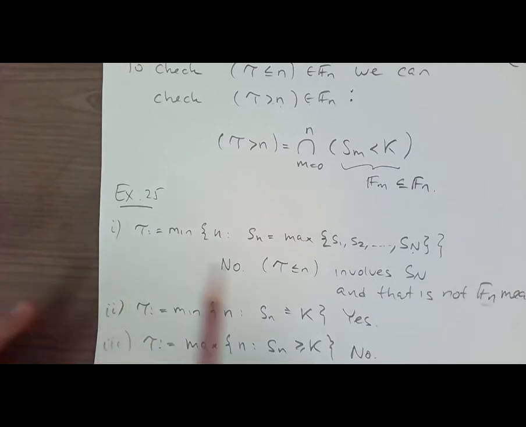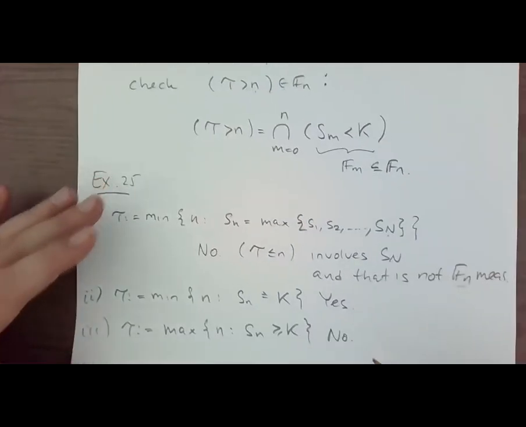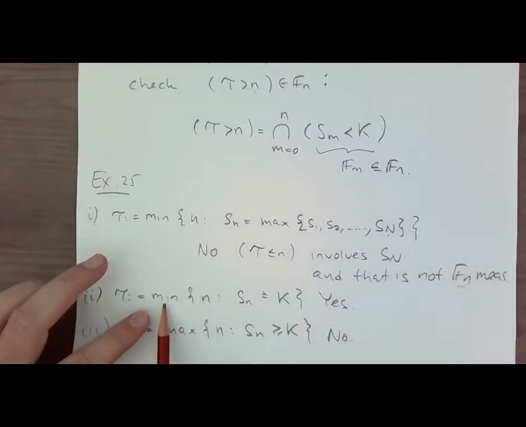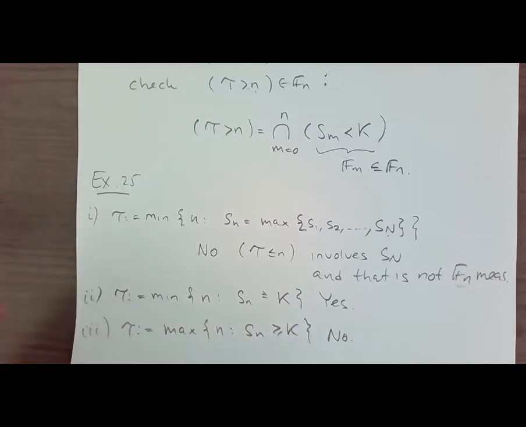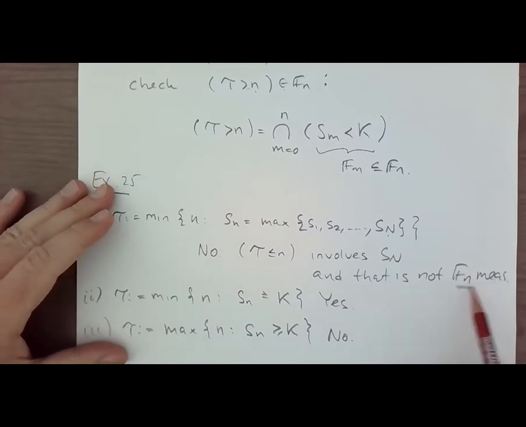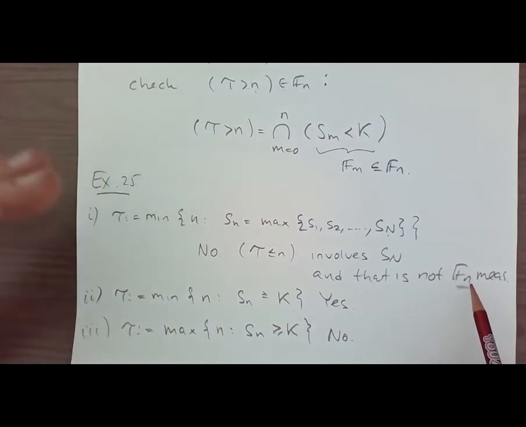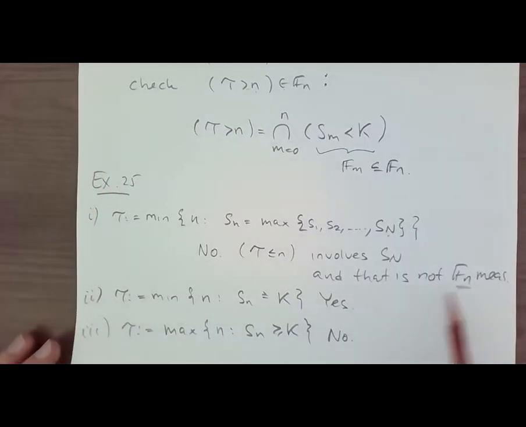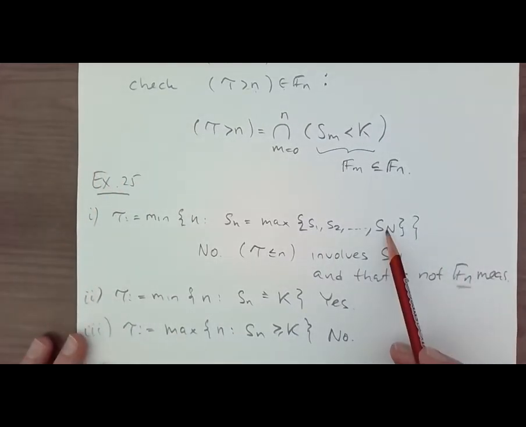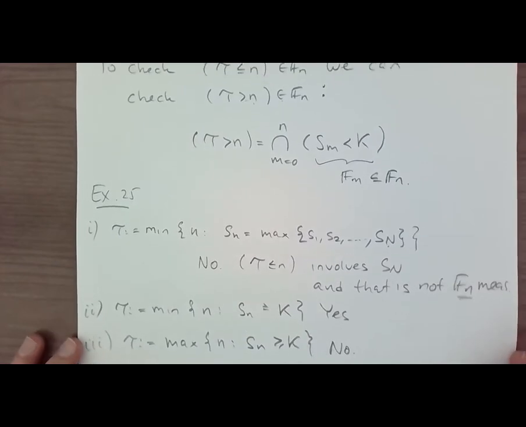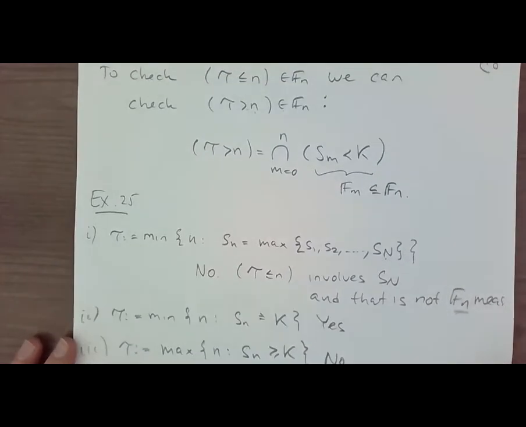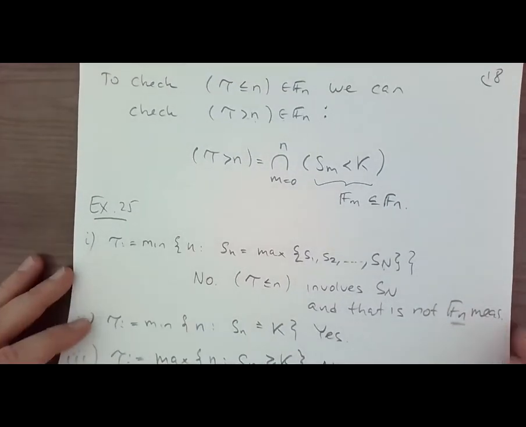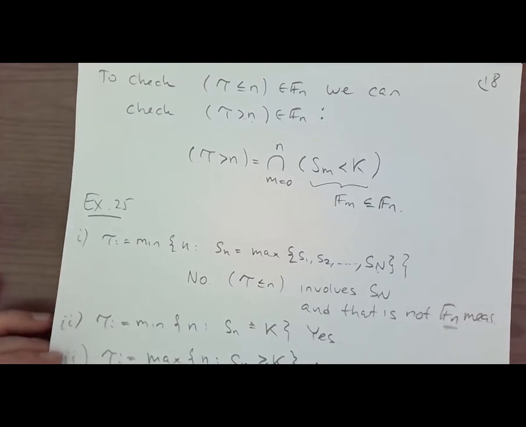So for these stopping times, the prototype is when you're talking about the first time that something happens. This is something that you can determine by knowing Fn. Did something happen up to time n? Yeah, you can observe that, but you cannot observe stuff that involves the stock price at future times. And so those random times are still going to be random times, but they're just not going to be stopping times.